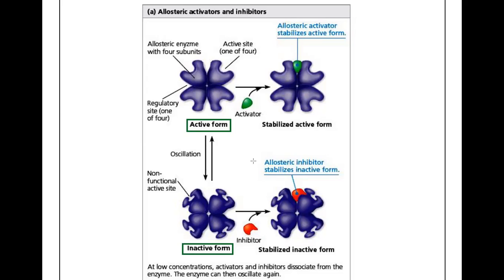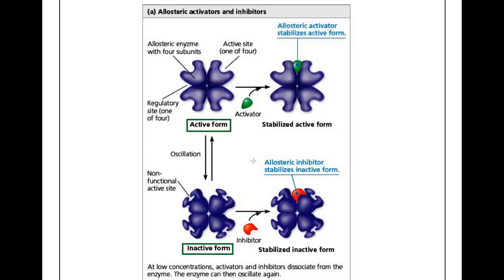Yes or no? Only problem is it will not stay. It will come to the active form, but it will not stay in the active form.